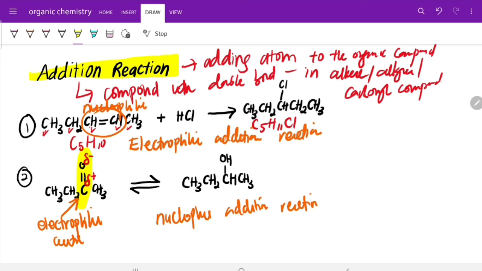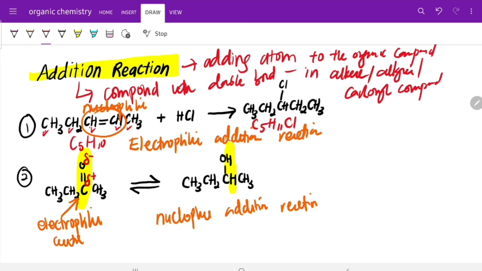The double bond at your C double bond O is breaking and hydrogen is added to it. Hydrogen is added to the oxygen and another hydrogen is added to the carbon. So two hydrogens are being added to the carbonyl compound, resulting in a new product with more atoms.